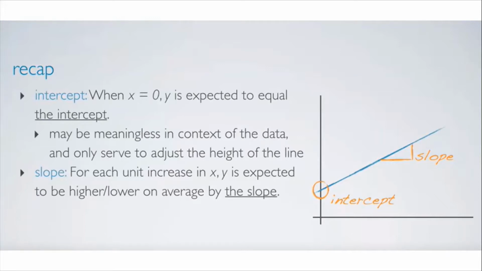Normally we don't have that when we get our data; we only get the line after we fit the linear regression. Residuals are something that is not explained by the model.